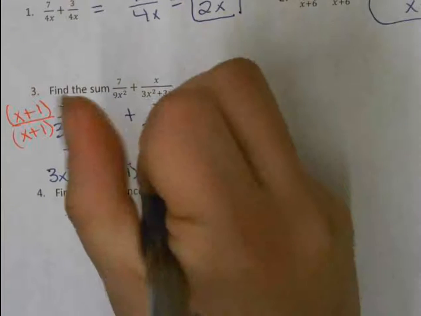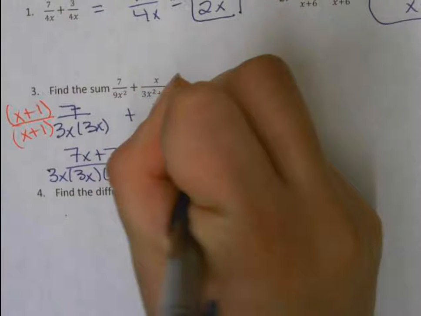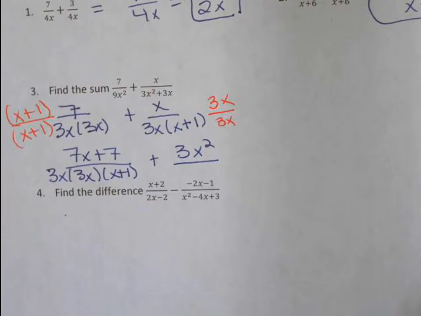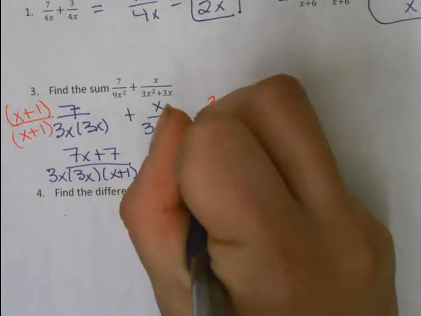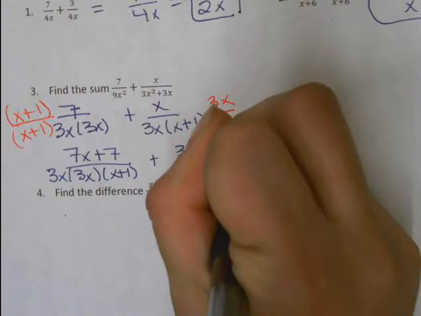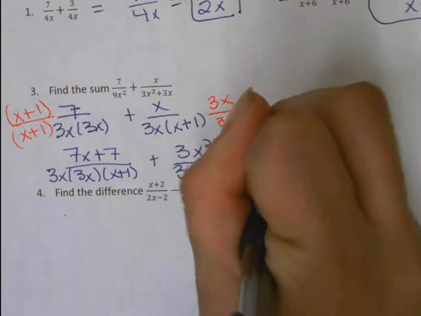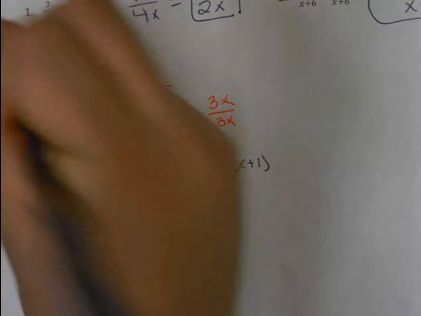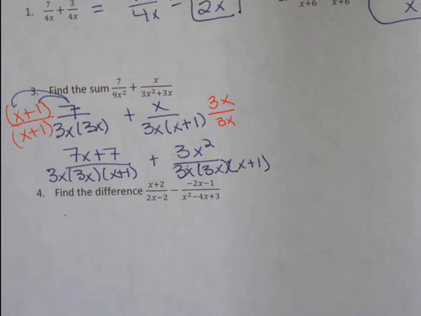And then on the second one, I get 3x squared over 3x. It was always there in the problem. I distributed. Yeah, 7.